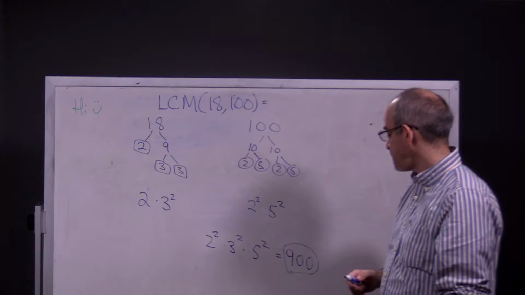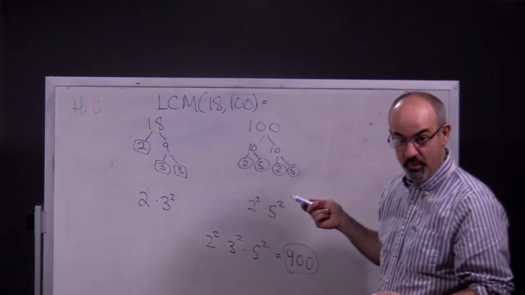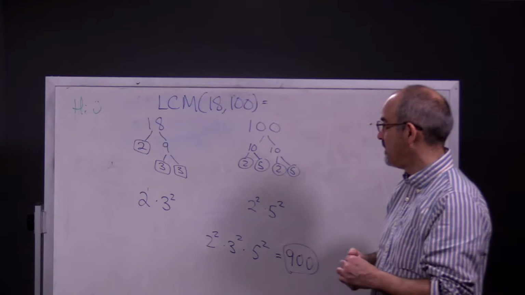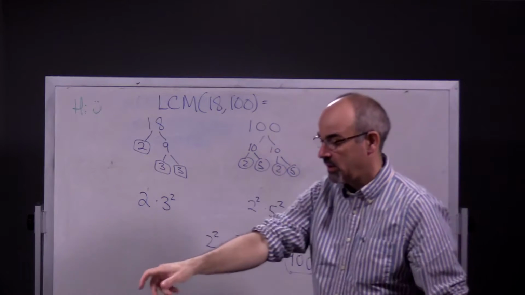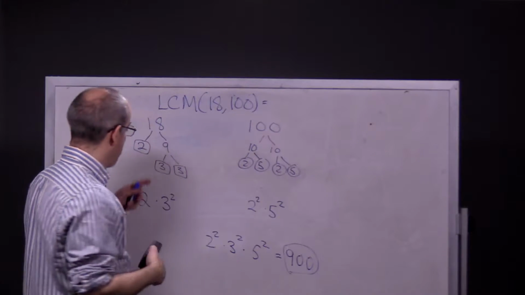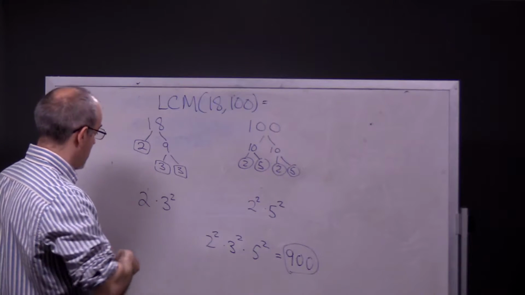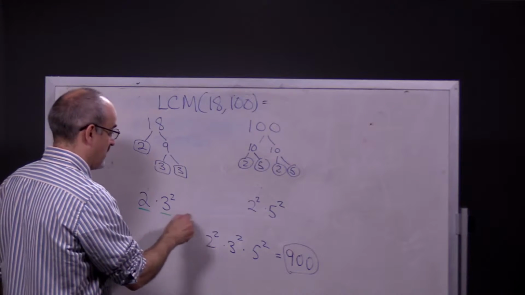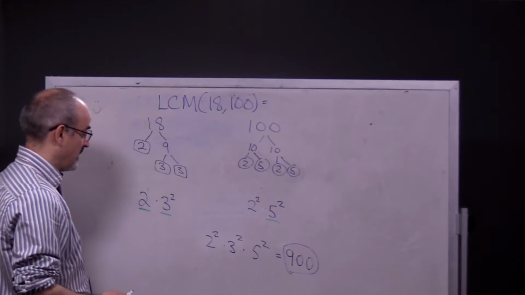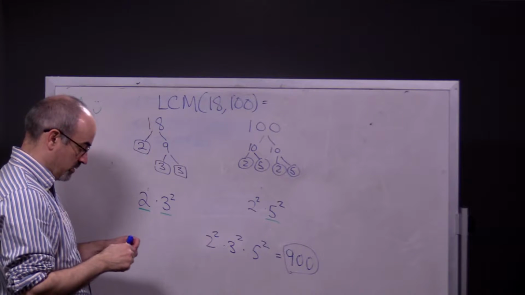So this is a better method if you have bigger numbers. Just do the prime factorization. Take any number that you see. So I have 2s, I have 3s, and I have 5s. Then you take the highest power.